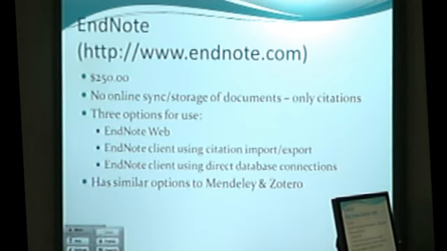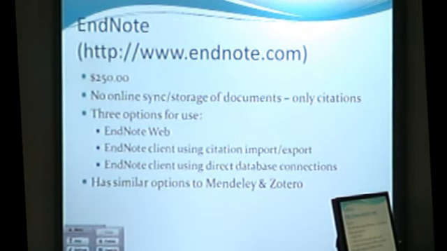The way it works is, let's say you're searching one of the EBSCO databases, and you mark a bunch of articles, and when you're done searching, you're going to export those citations in EndNote format. It's going to output a little file that you then import into EndNote. Does that make sense?